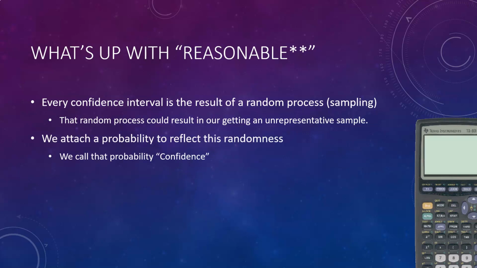To help control this randomness, there's a probability attached to how we got that interval that we refer to as confidence. We don't call it probability because we can only talk about probability in terms of future events, in terms of predictions of things that have not happened yet.